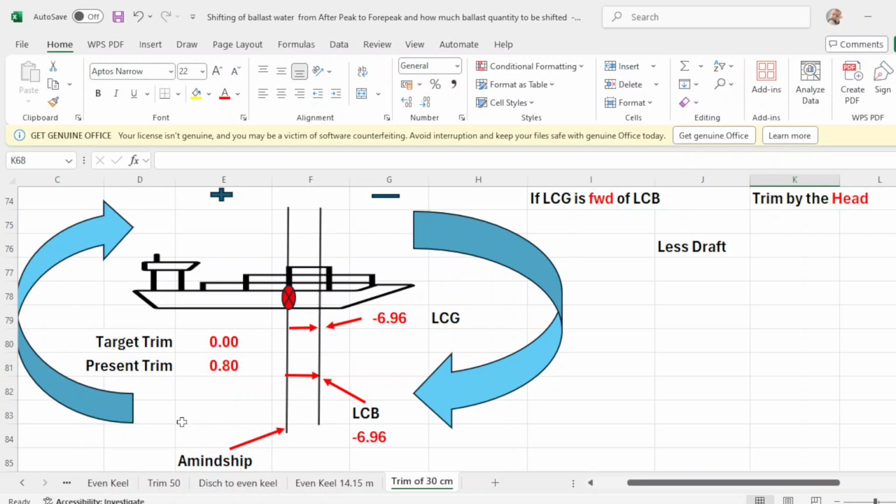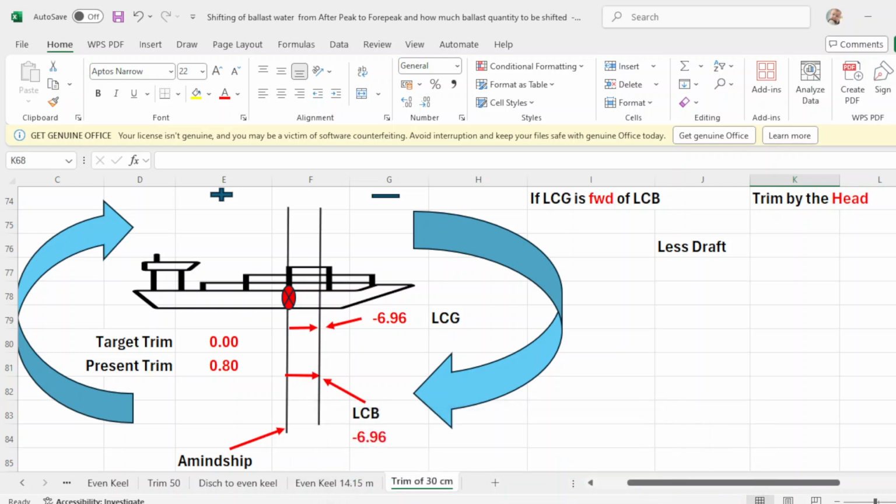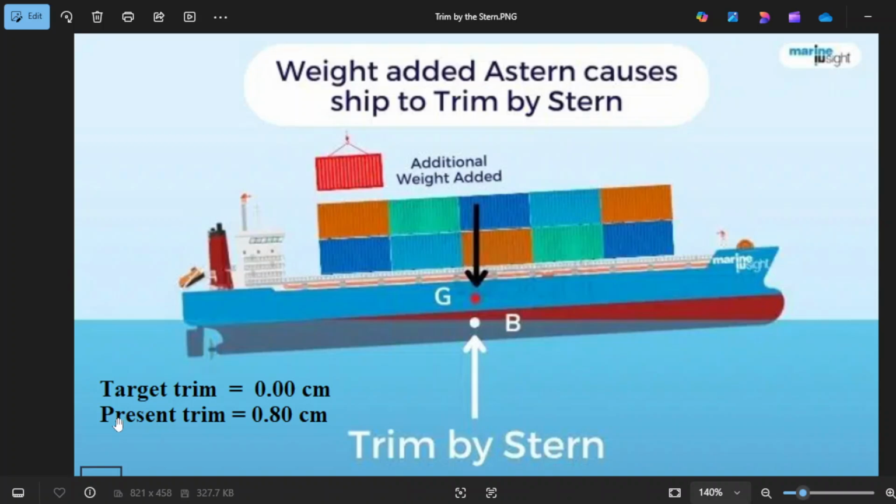Now, why does this arrow go up and this arrow go down? Because from your trim of 80 centimeters, your target trim is to be even keel or zero. So when you are trim by the stern, your present trim is 80 centimeters.